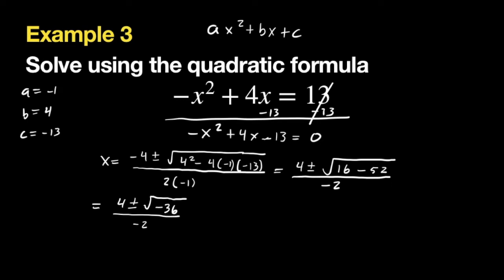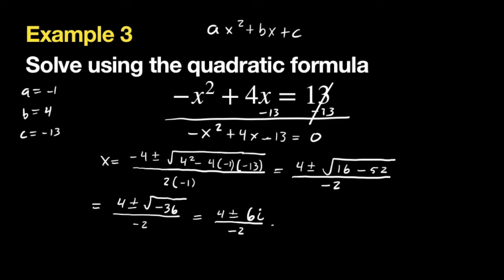So we're going to split this into our imaginary numbers and our real numbers, and we're going to do 4 plus or minus the square root of a negative, which is just i, and the square root of 36 is going to be 6. So we get 6i. And this is going to be divided by -2.